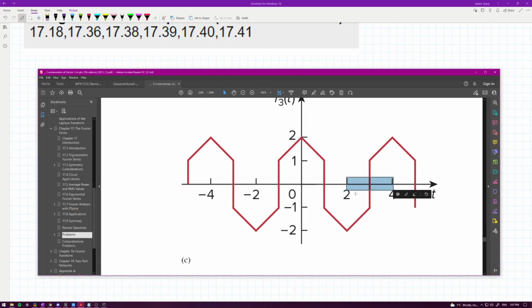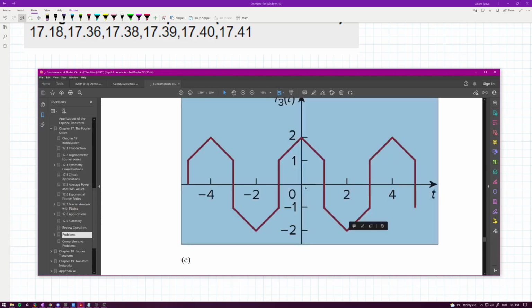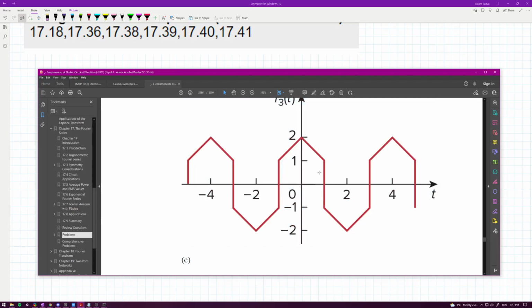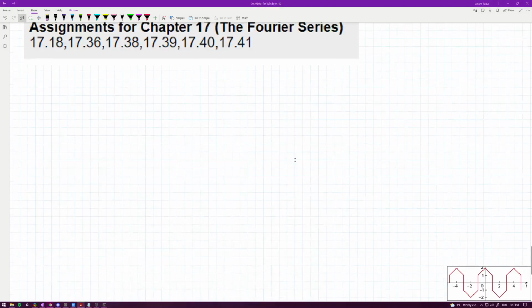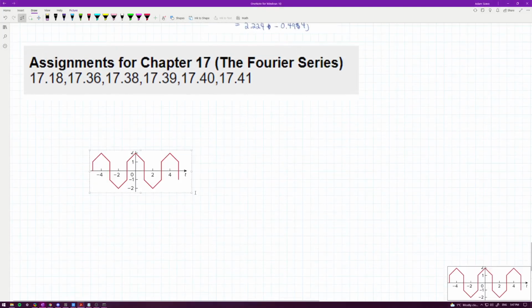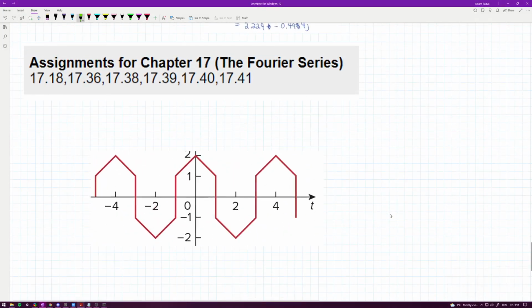From 2 to 4, it's not exactly that. It's going up, same shape, but going up. If the period was 2, it would look like this. Oh, it would be compressed or something. Well, I think it would look like this. We'll do it in blue. It would look like this, and then like this again.